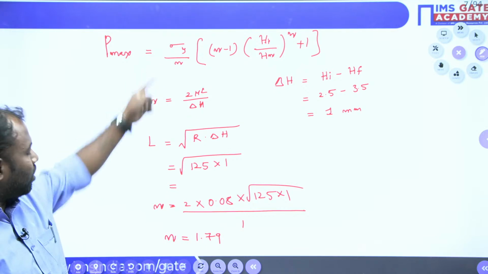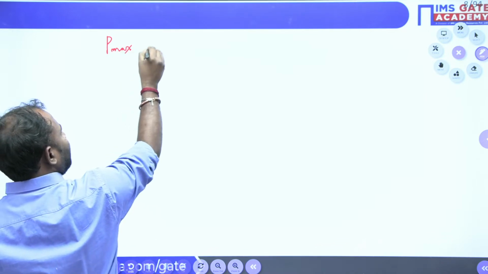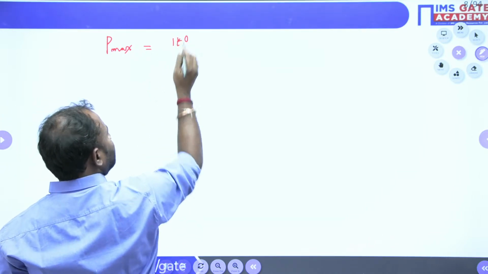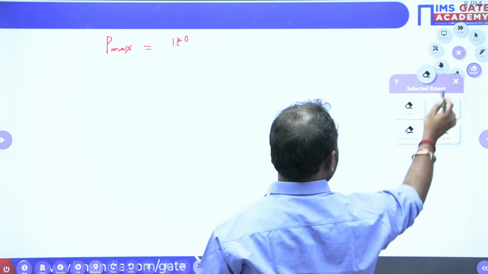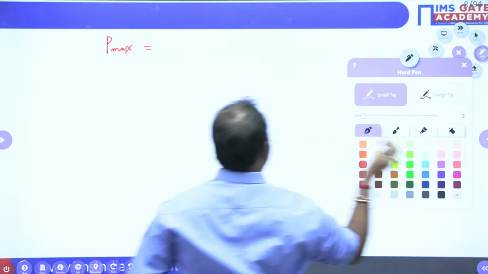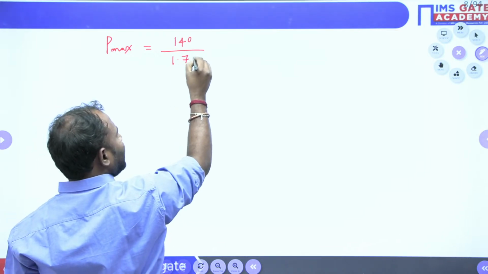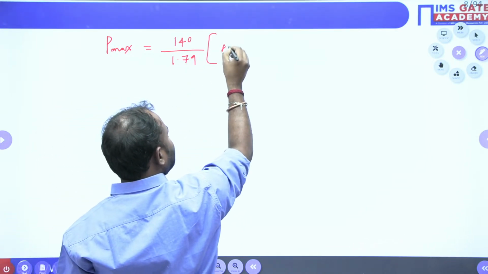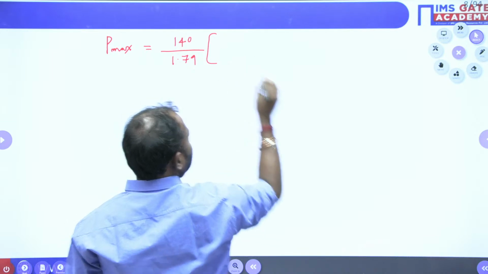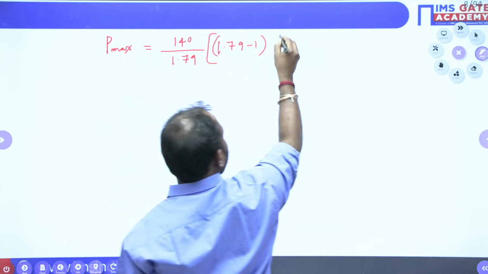Now, let us go for substituting all the values. So, now P max. So, here sigma y is how much, guys? Sigma y is 140, divided by n is 1.79 into 1.79 minus 1 into H naught.